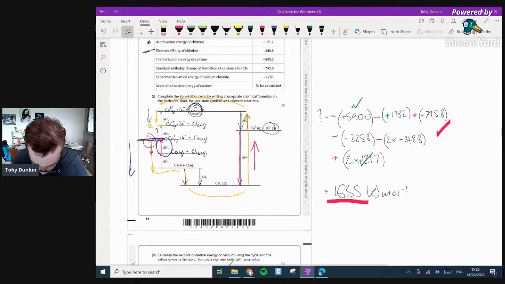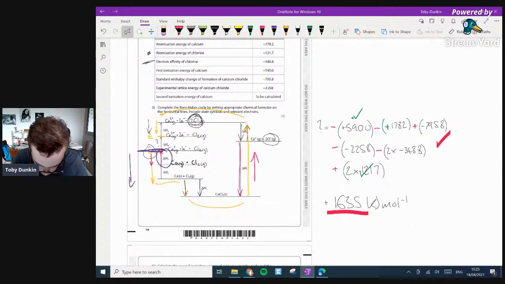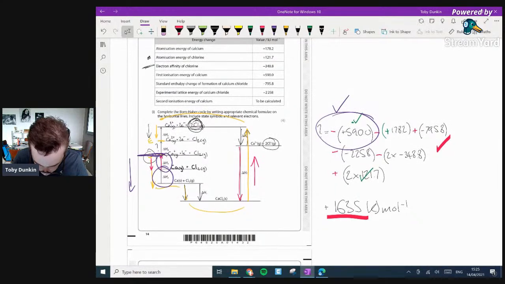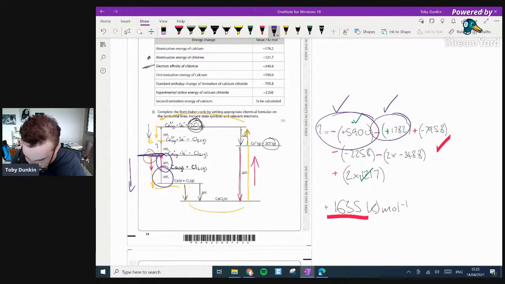And that there is the first ionization energy. All good. Next step is the atomization of calcium, plus 178.2, and it's going against us. That's correct too. Next one, this one is with me. This is the enthalpy of formation.